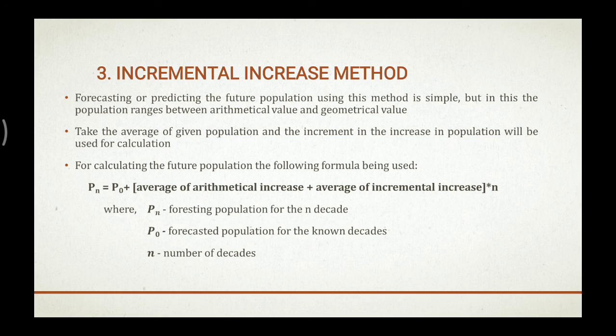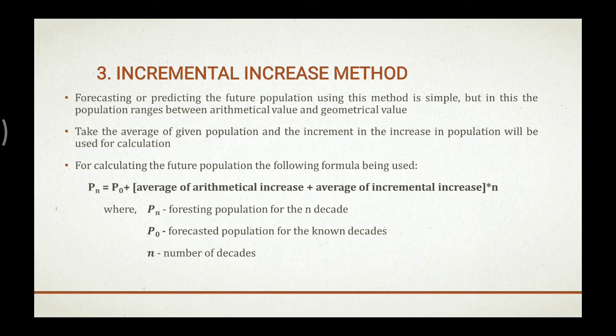Similarly, to calculate the future population, we have the formula, which is Pn is equal to P naught plus n into the bracket of the average of arithmetical increase. This is the increase in population for every decade, and again we will be finding the average incremental increase.